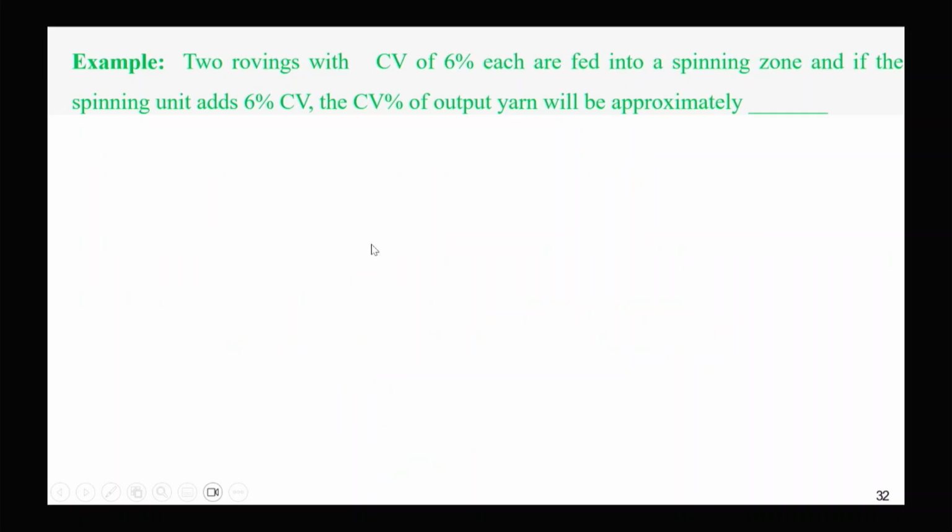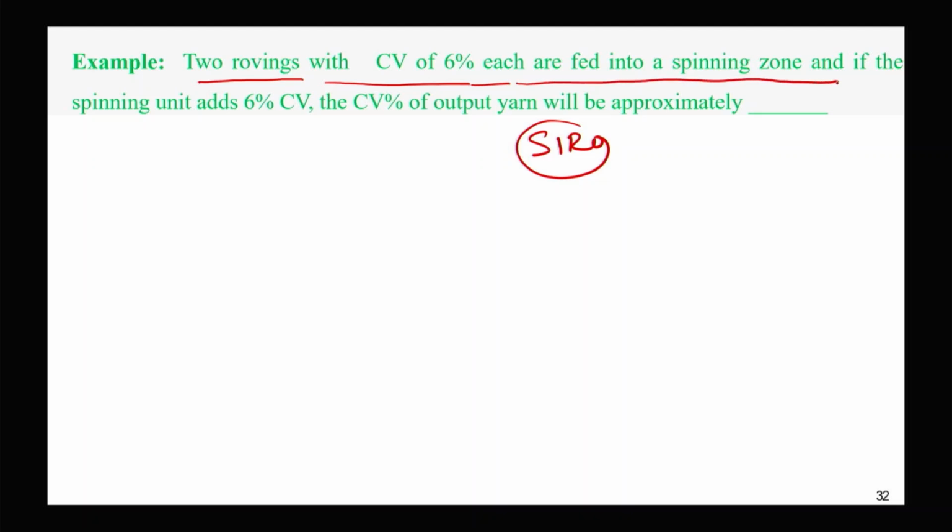Now let us try one numerical related to this. This is related to spinning. Two rovings with CV% of 6% each are fed into the spinning zone. So this is one roving and this is another roving, and we are feeding them in the ring frame.